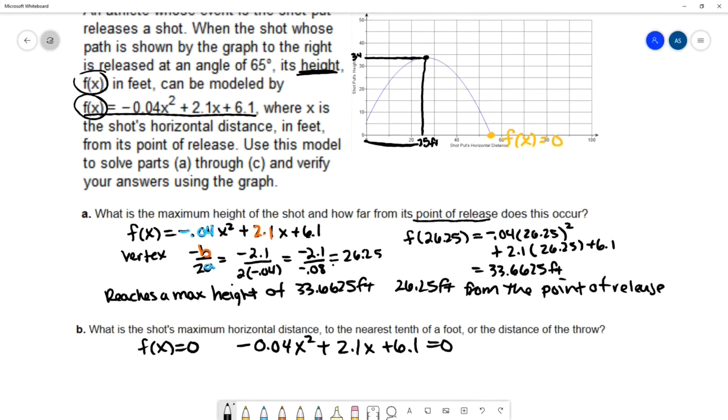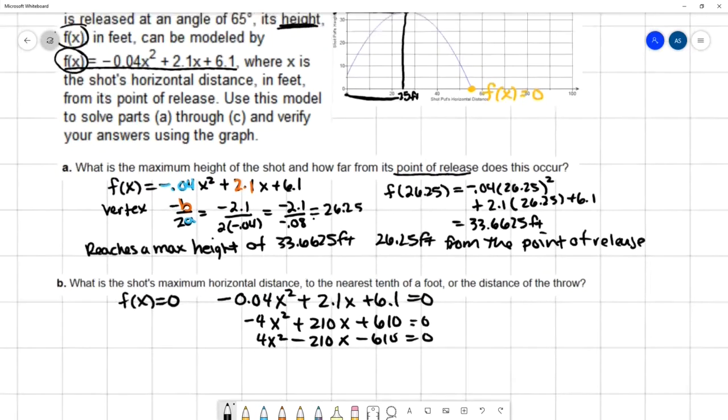If I multiply by 100, this becomes negative 4x squared plus 210x plus 610, and if I get rid of that negative in the front, it will be 4x squared minus 210x minus 610 equals 0. This makes nicer numbers in my quadratic formula.